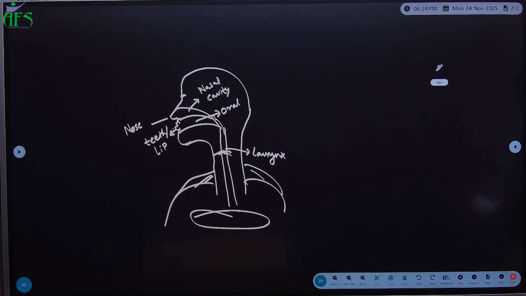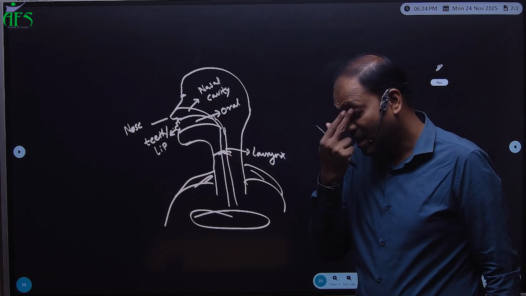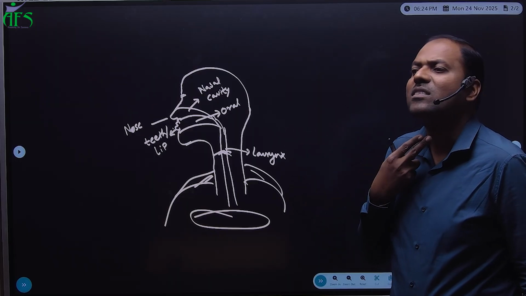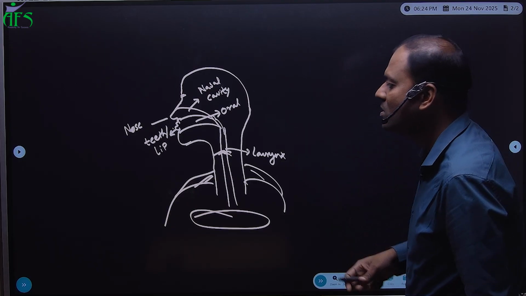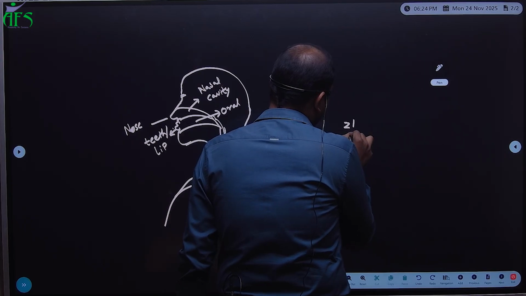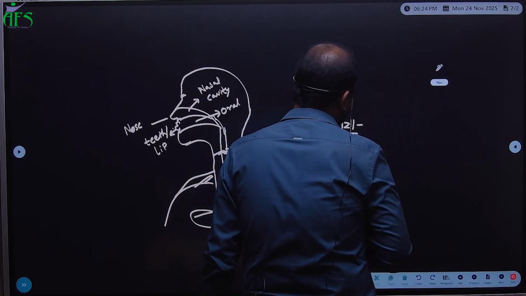right? So if the vocal cords are drawn together very closely but not tightly, the air passing between them will cause a regular kind of vibration there. You got it? And that vibration you can feel by saying a sound like the, by keeping two fingers on Adam's apple, right?